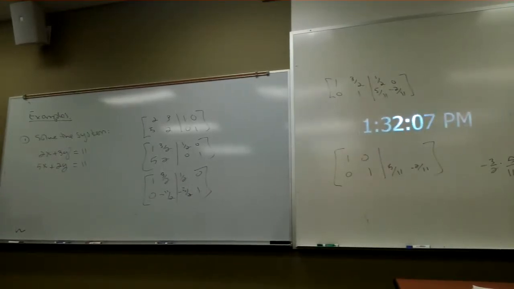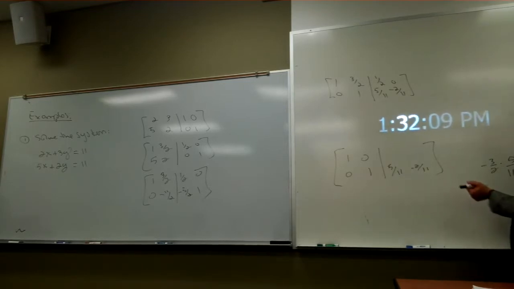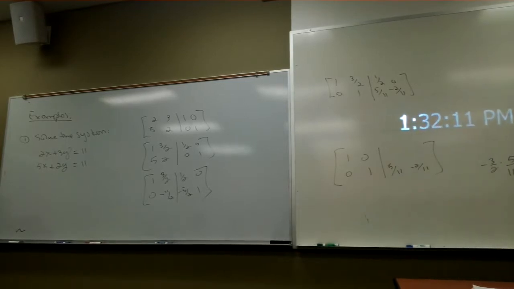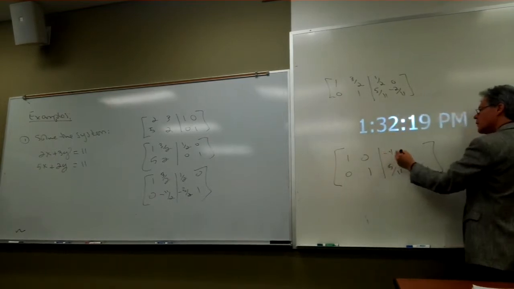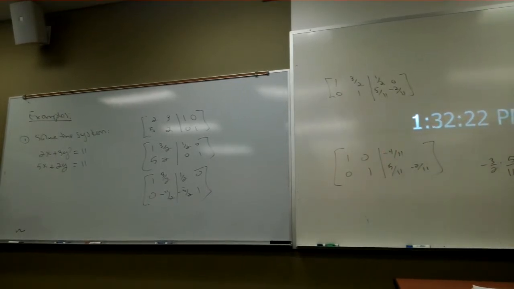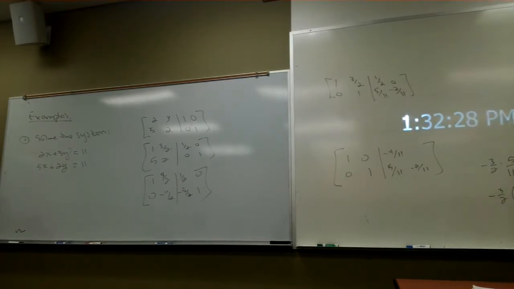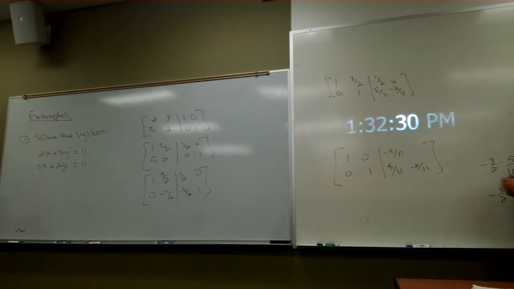You guys, I get a 7/11? Maybe not. I think it's a negative 4/11. And then my negative 3 halves times my negative 2/11 plus 0 is merely going to give me, oh, I see this, positive 3/11.